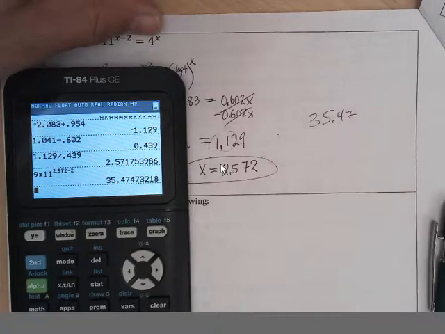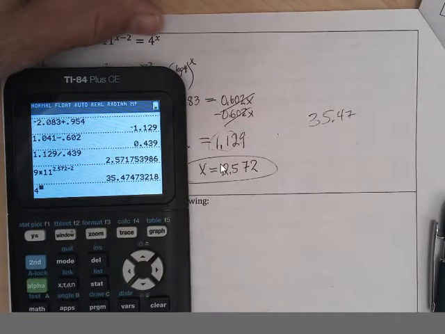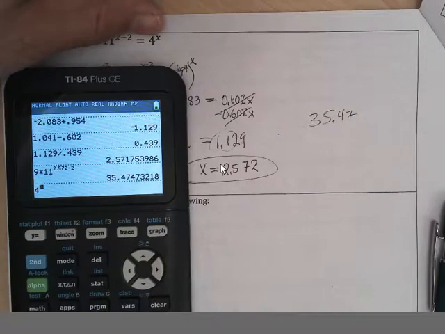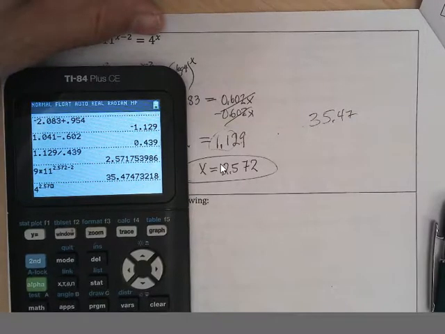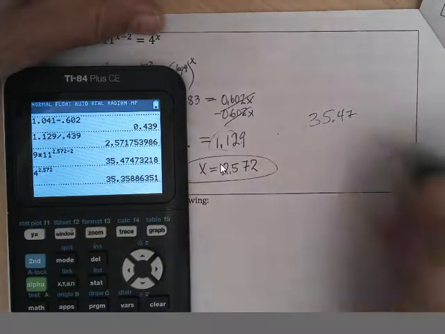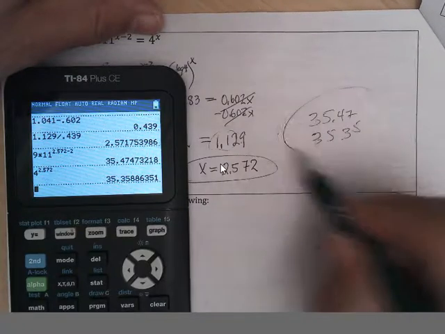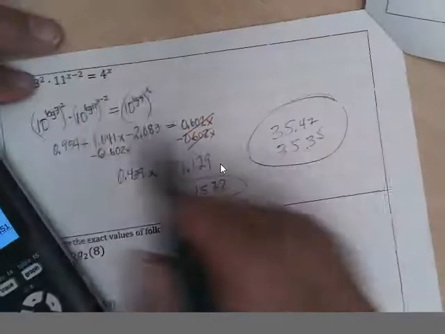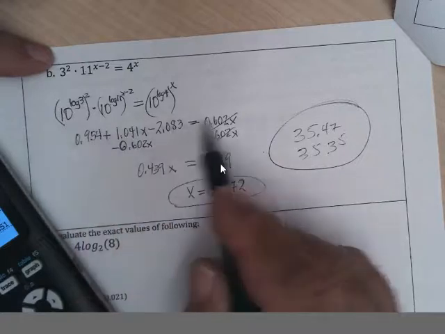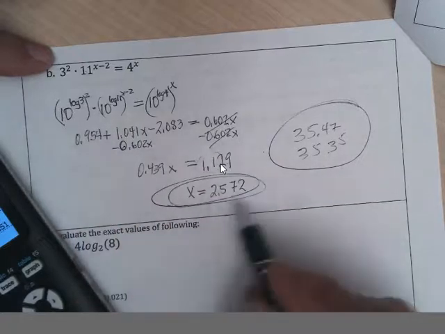Now let's do 4 to the 2.572. And I get 35.35. Close enough. That looks like my process is right. I know these were rounded, and so I'm going to get an approximate answer.